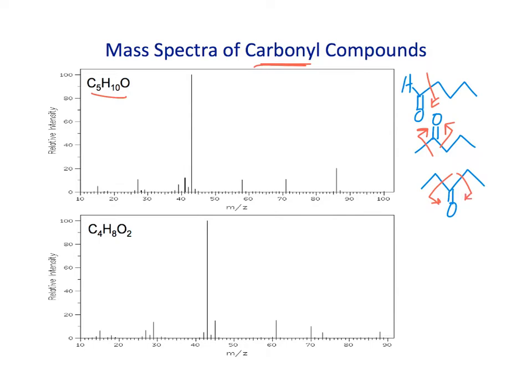So what do we see? The molecular ion on this one is at 86. Here's one at 71. On the last problem with alcohols, we counted the really small ion at 88.